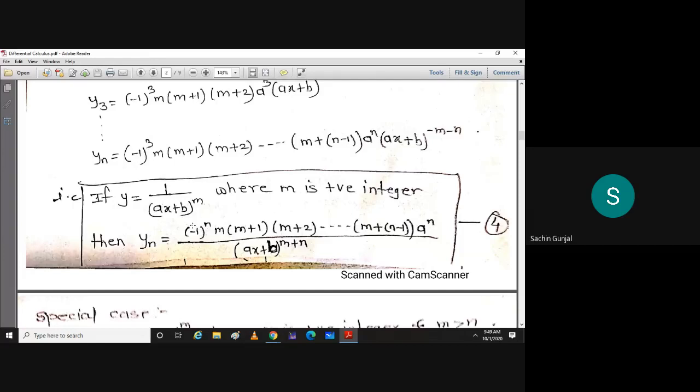That number is m minus 1 factorial. So this whole numerator will be m plus n minus 1 factorial upon m minus 1 factorial. All other terms are there: minus 1 raised to n, a raised to n, and ax plus b raised to m plus n.